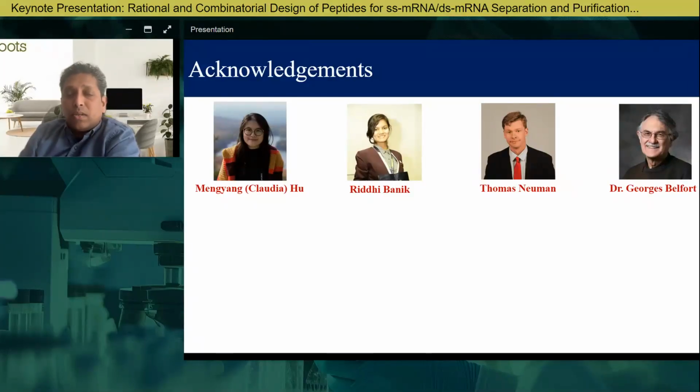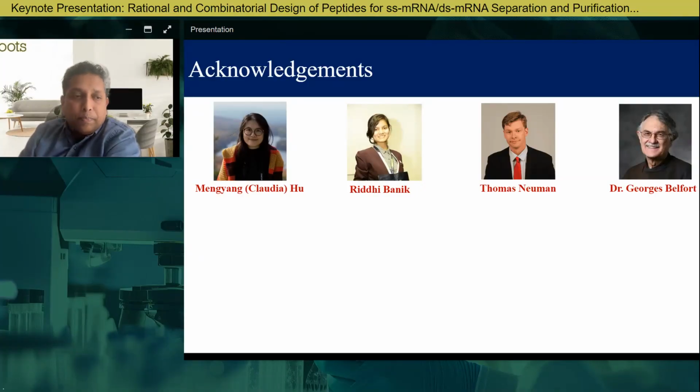Next to her is Thomas. Thomas is our in-house expert on doing all the static dynamic testing of these peptide grafted membranes in process relevant conditions. And to the far right is my colleague, Dr. George Belford, who is an expert in membranes, has been working in this field for the last 40 some years.